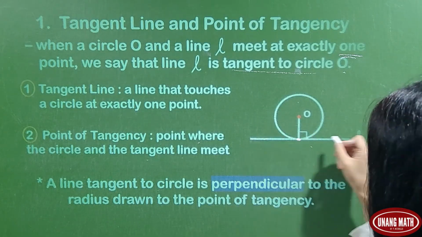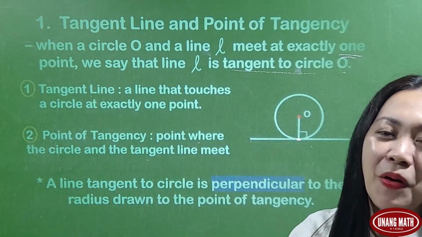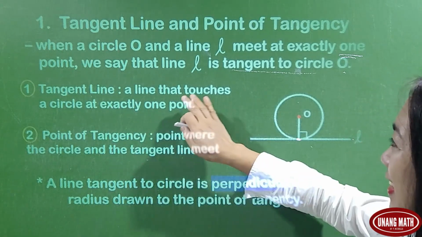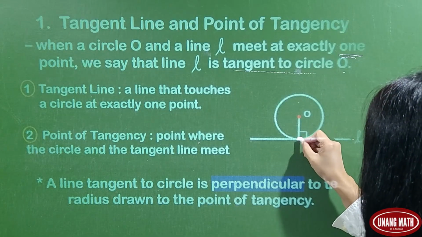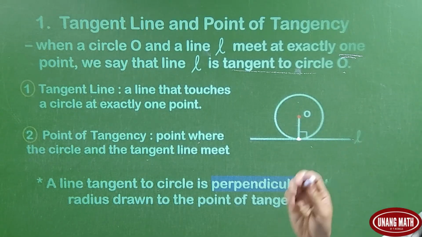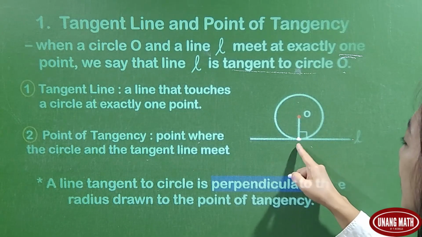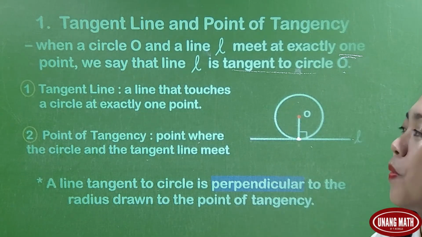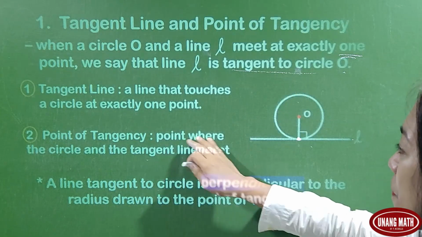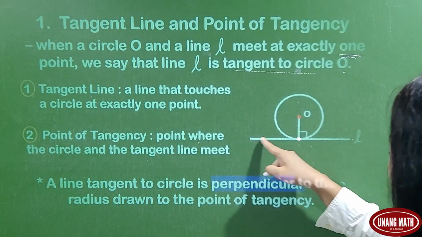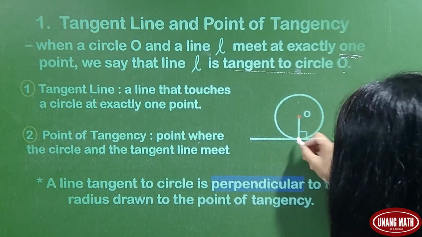So this line is what we call a tangent line. This is a line that touches a circle at exactly one point. And this point is specifically called the point of tangency. So this is the point where the circle and this tangent line meet.